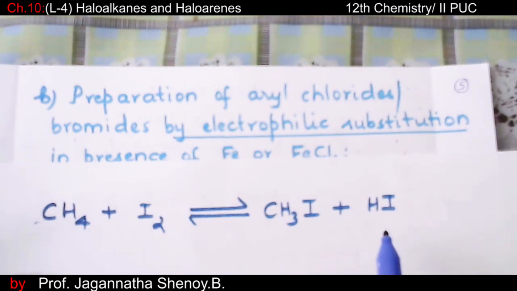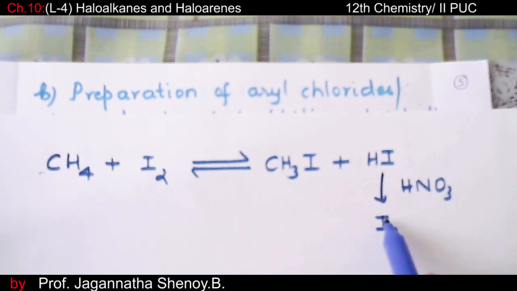So what I do for that, I'll go for oxidizing agents like HNO3. So what happens when you make use of HNO3 is, whatever HI is formed, this HI will undergo oxidation to I2.